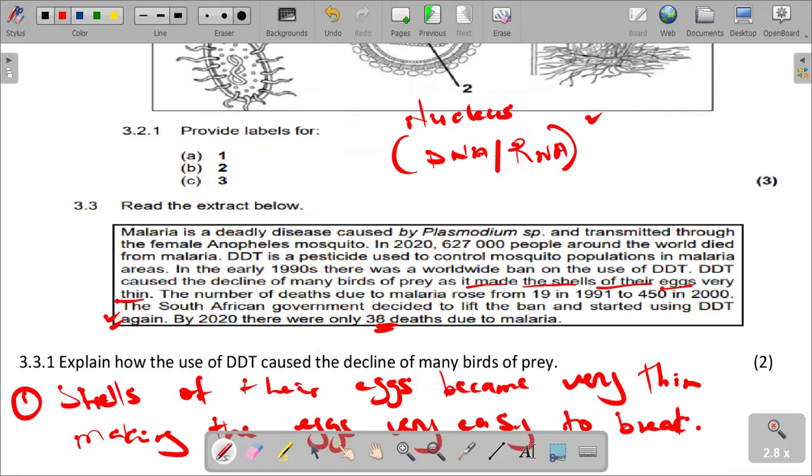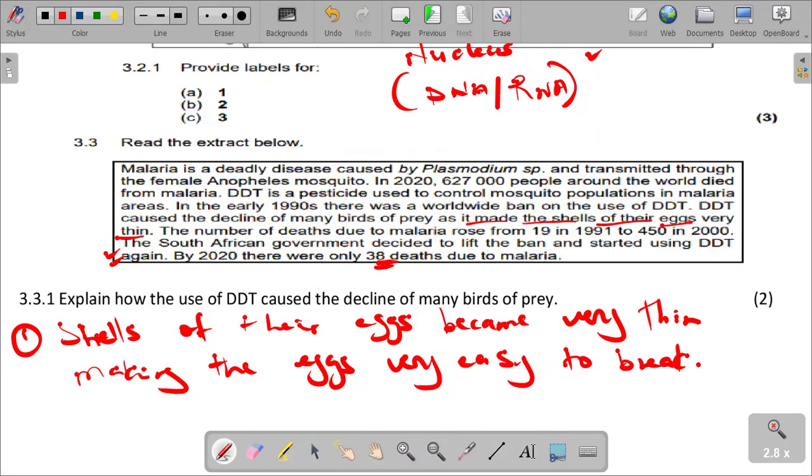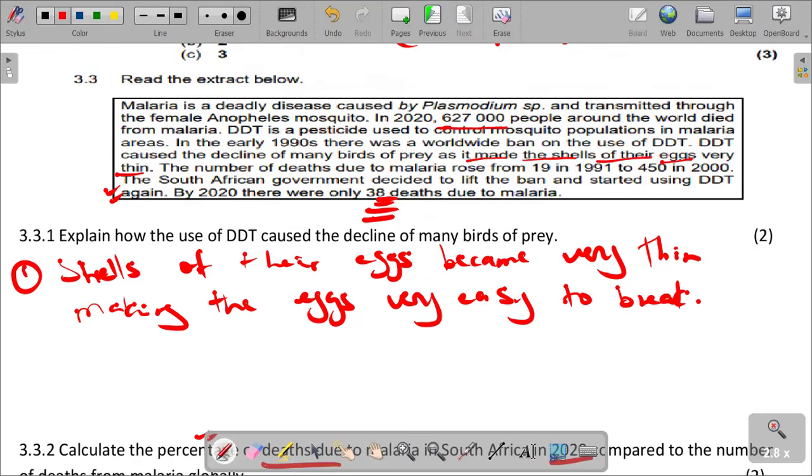We are told that by 2020 there were only 38 deaths due to malaria. Against 627,000 people who died around the world in 2020, only 38 people died.